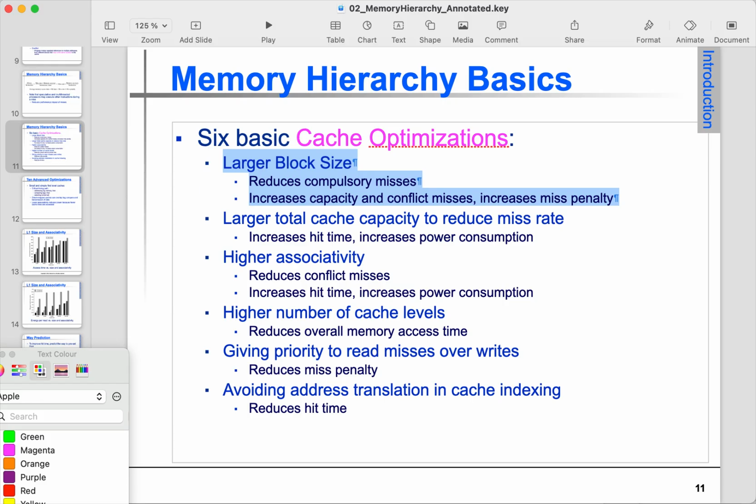A larger total cache capacity reduces the miss rate. If we have a bigger RAM or cache itself, it will significantly increase the power consumption.